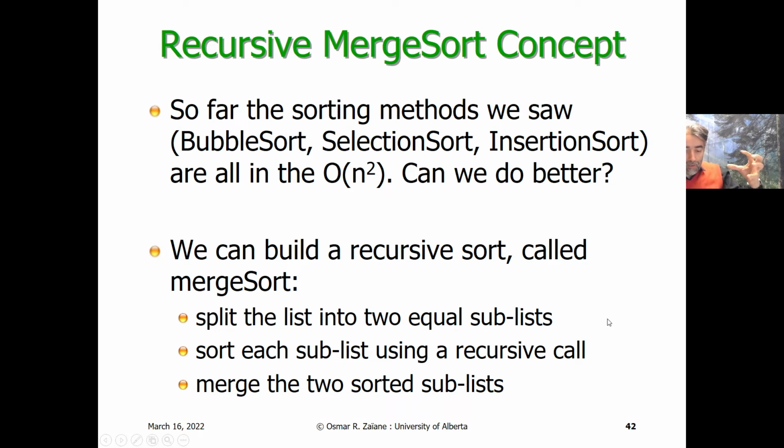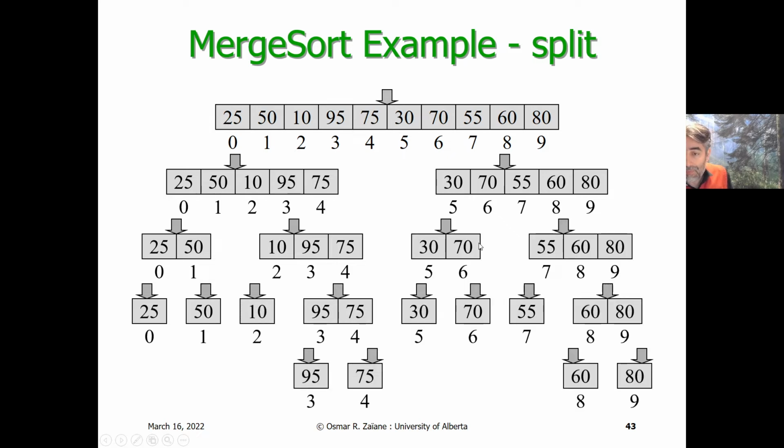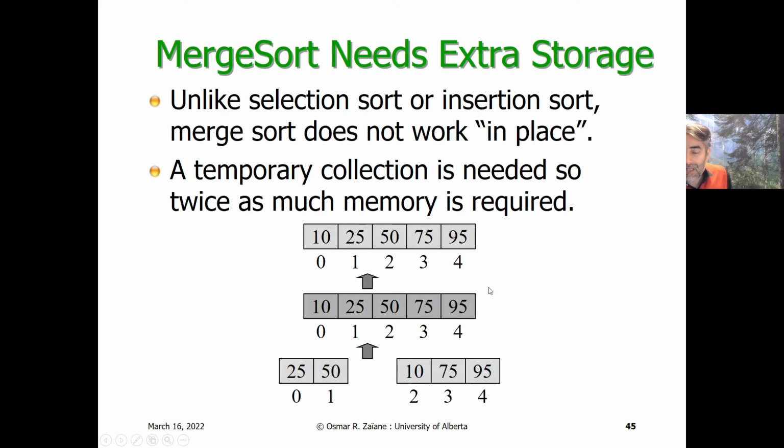We had the container and we swapped things around, or we shifted them. We stayed in the same container. We call these algorithms in-place sorting. I sort in the same container. However, this merge sort, because I need to merge, it's not in place.